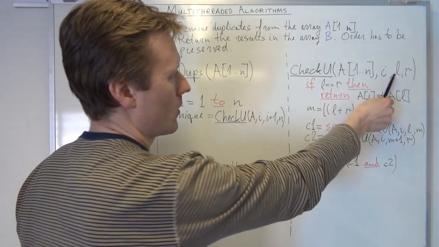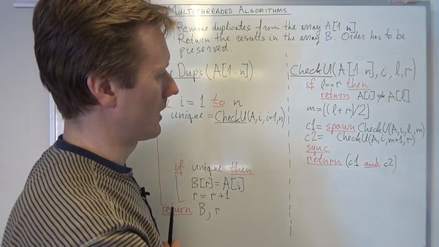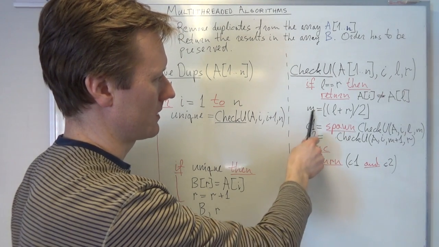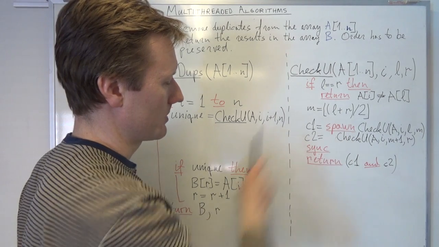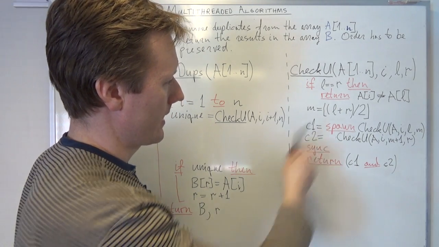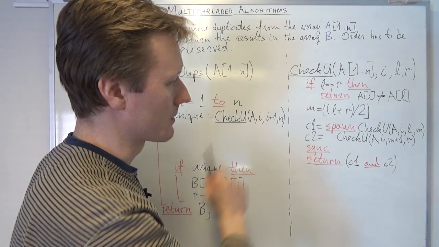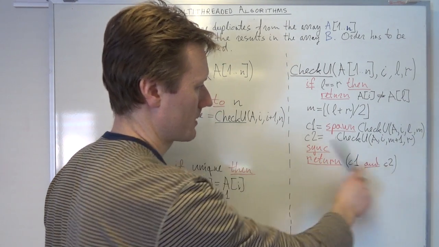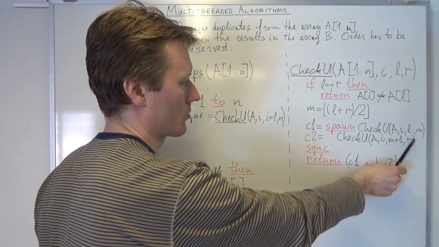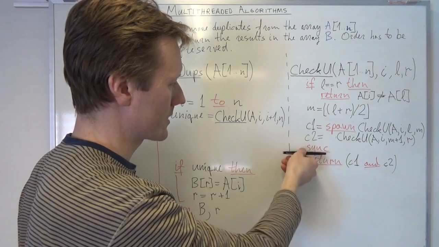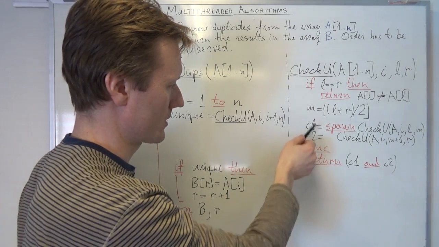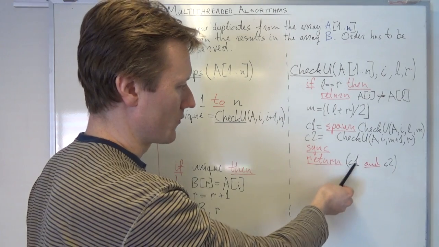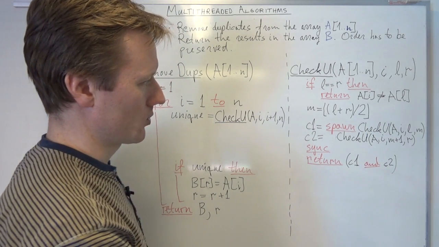If we have more than one element in the range from L to R, we divide it into two. We compute M to be exactly in the middle between L and R. And we solve recursively and in parallel the left subproblem from L to M and the right subproblem from M plus 1 to R. We synchronize at this point so that both C1 and C2 are computed. And we return true only if both of these are true.